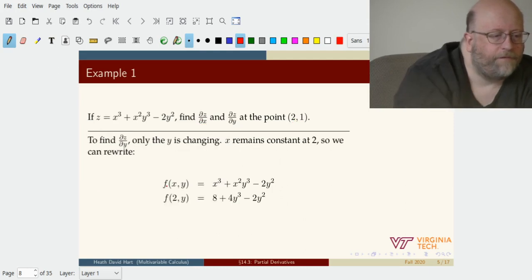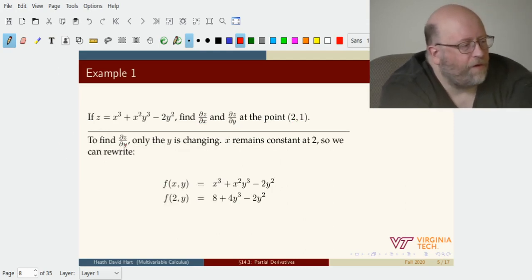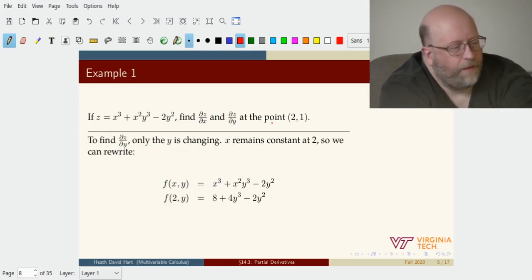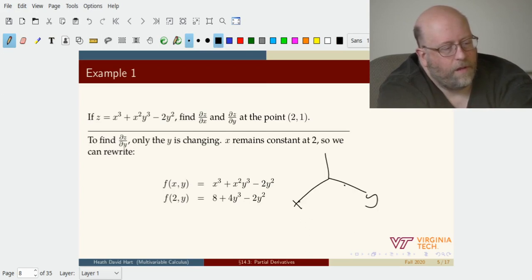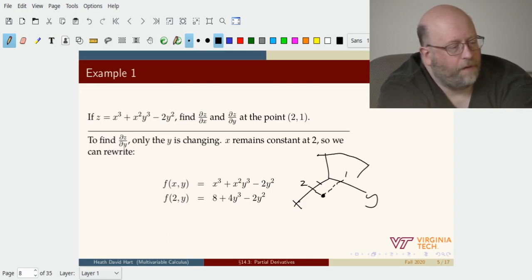Okay? So let's try finding the derivative in the y direction now. Let's look at our picture again. (2, 1), right there, and some surface in 3 dimensions.